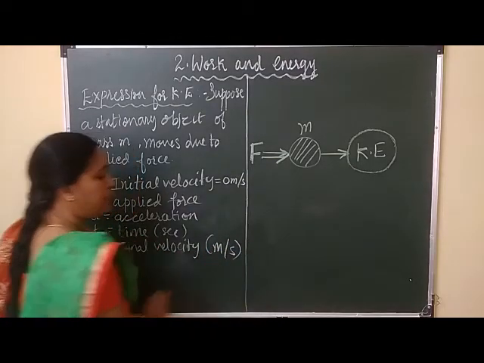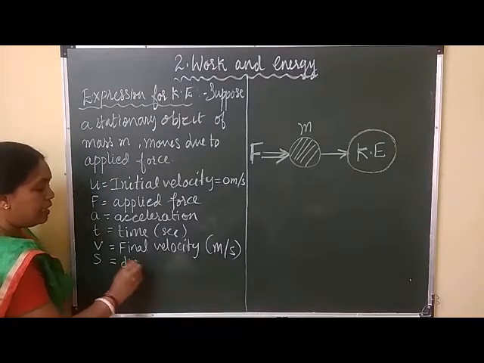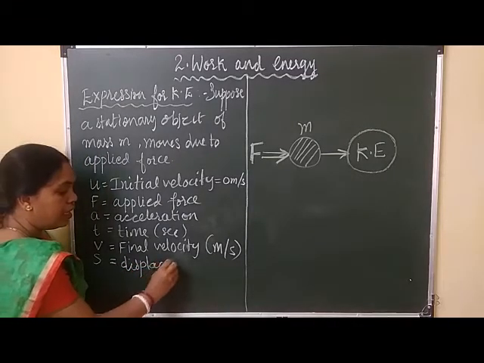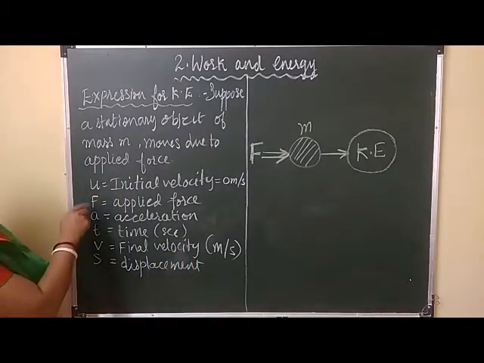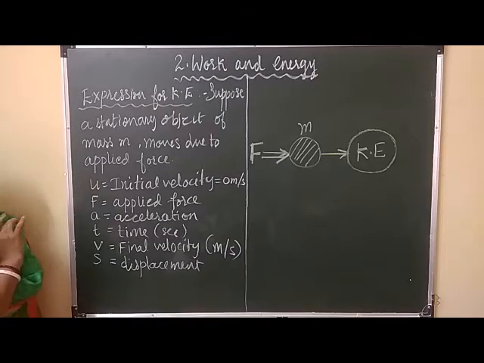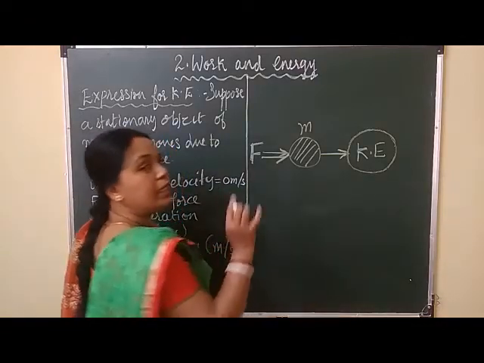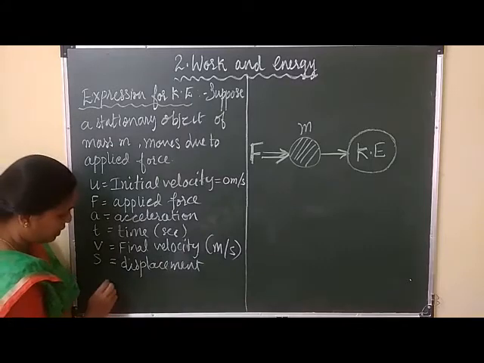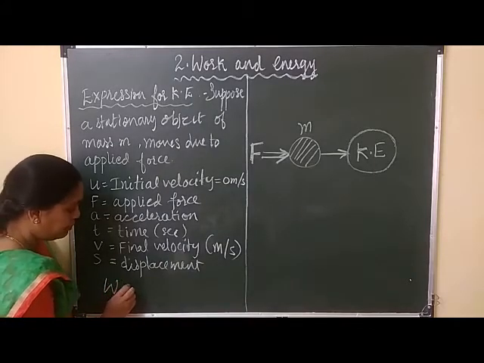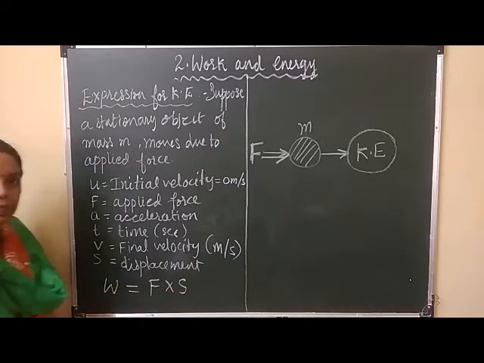Unit is meter per second, and s is the displacement occurred in the object due to this force. Got it? So here, when force is applied on a stationary object, work is done on that object. Now the work done is equal to force into displacement.